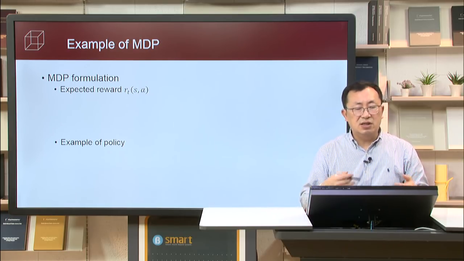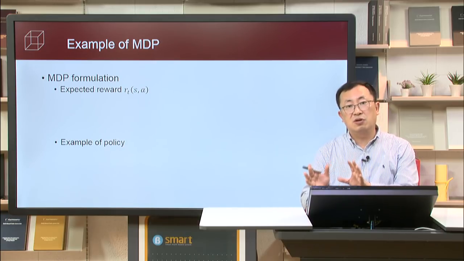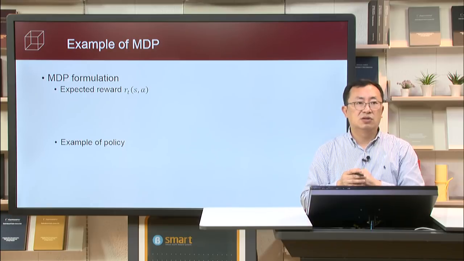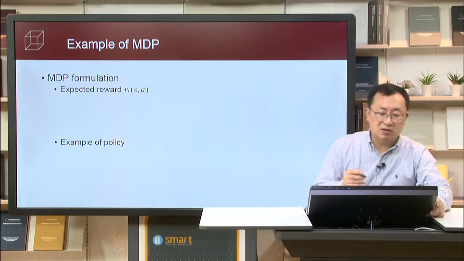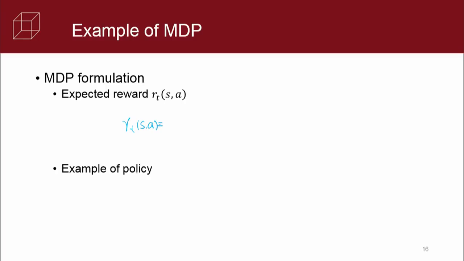Since the expected profit is equal to expected revenue minus ordering cost and holding cost, r_t(s, a) is equal to the expected revenue when the on-hand inventory is equal to s plus a, minus the ordering cost, minus the holding cost, since you order a units and you hold s plus a throughout month t, right?